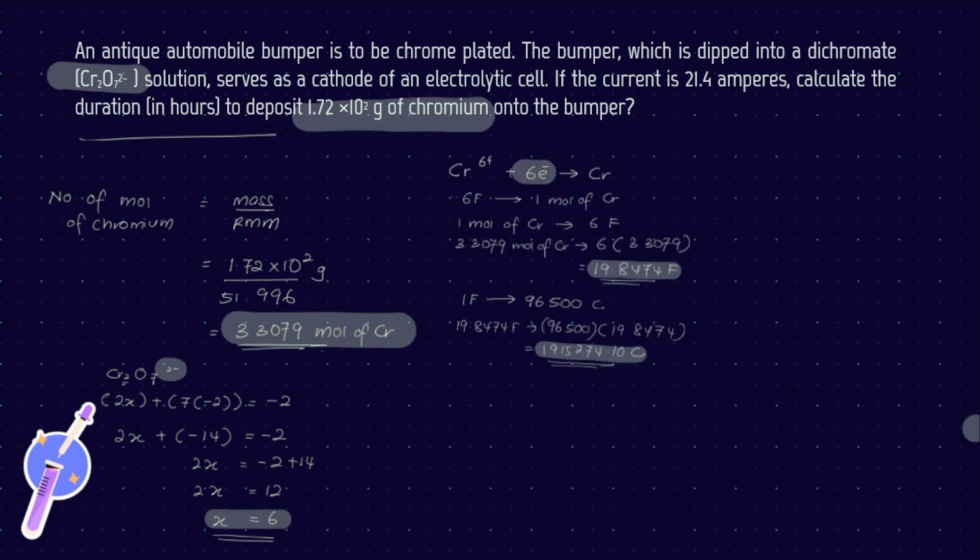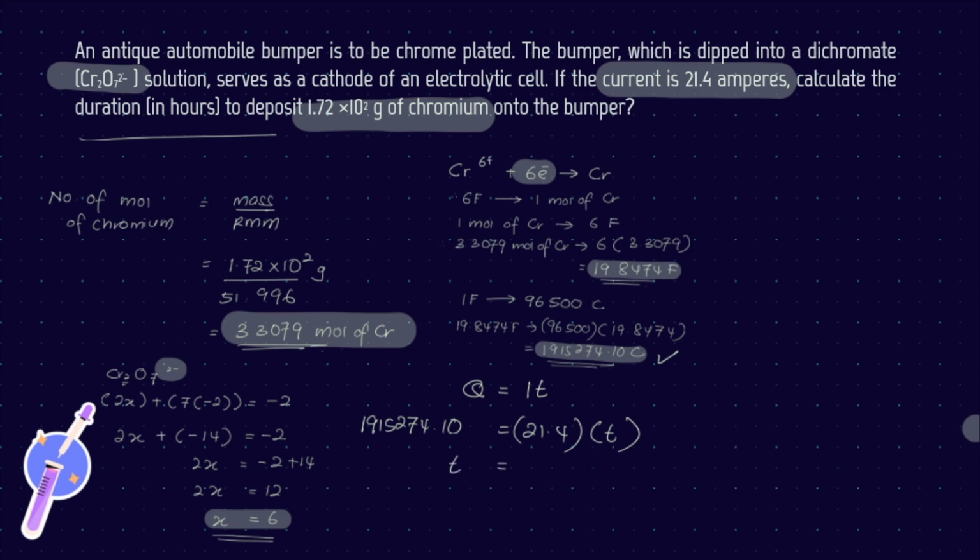Okay, so now we can use the formula Q equals I times T. Your Q is 1915274.10, which is equivalent to I times T. The current given to you is 21.4 amperes, and your T is the thing that you want to calculate.